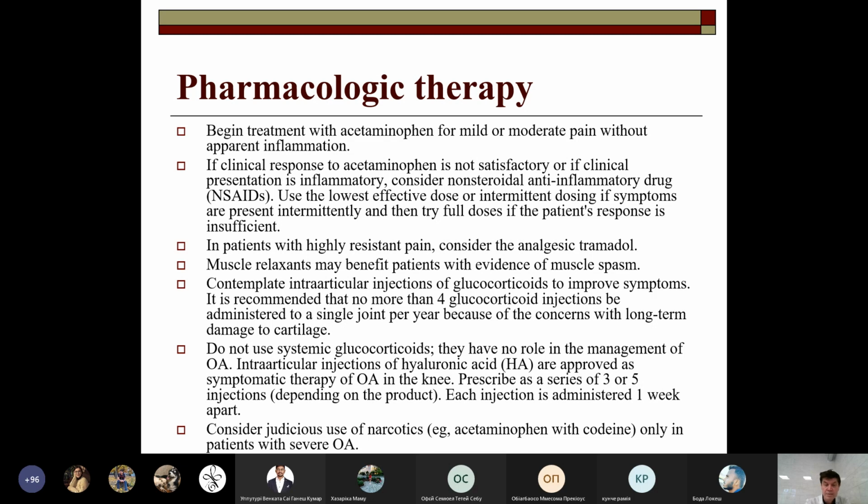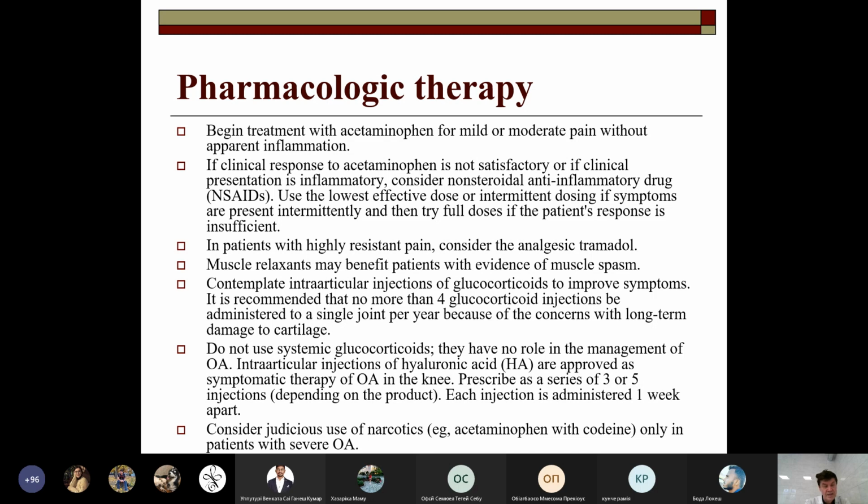Contemplate articular injection of glucocorticoids to improve symptoms. All these drugs are recommended generally, but not more than 4 glucocorticoid injections should be administered to a single joint per year because of concern about long-term damage of cartilage and a higher risk of infective complications.